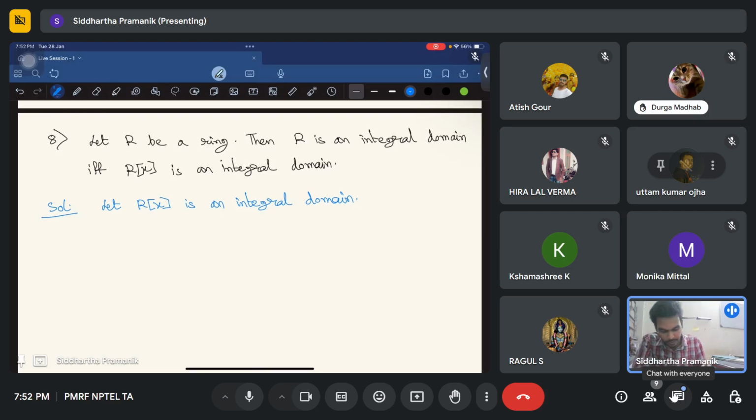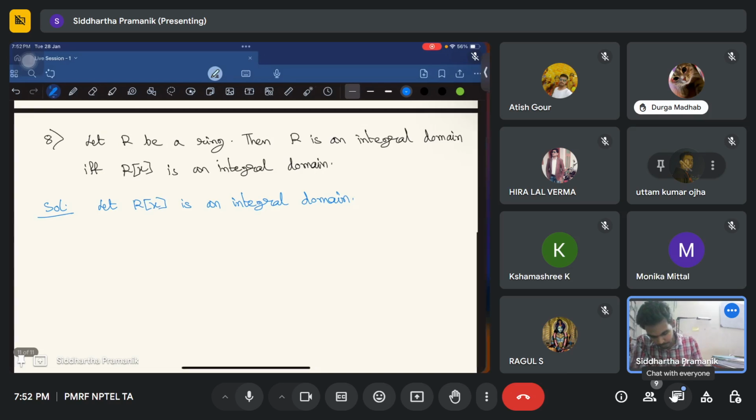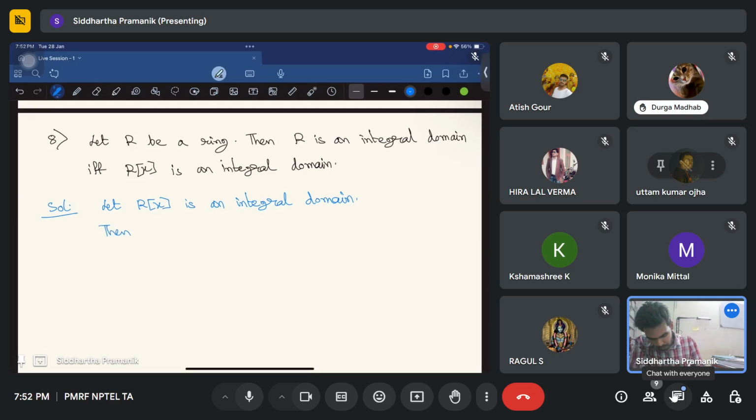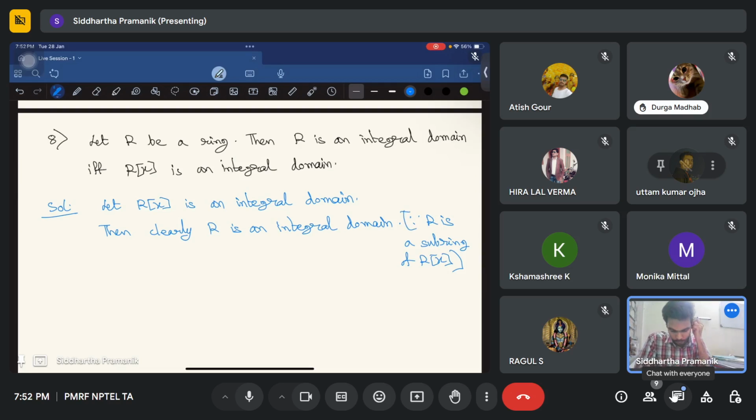So clearly R is also an integral domain, because R is a subring of R[x].